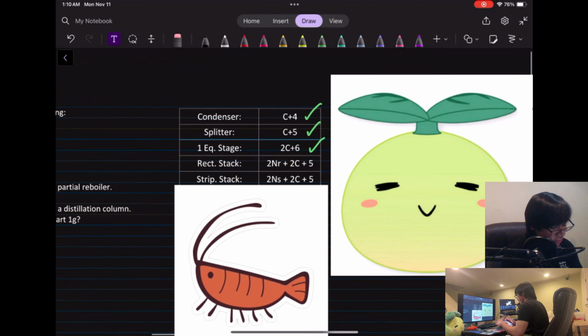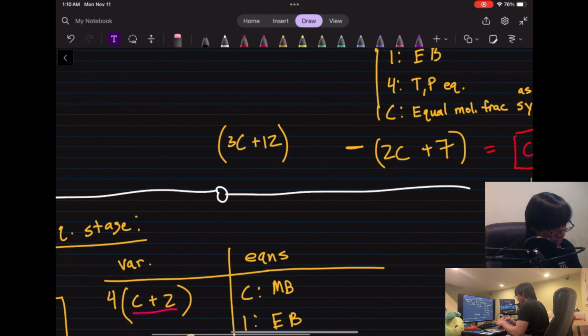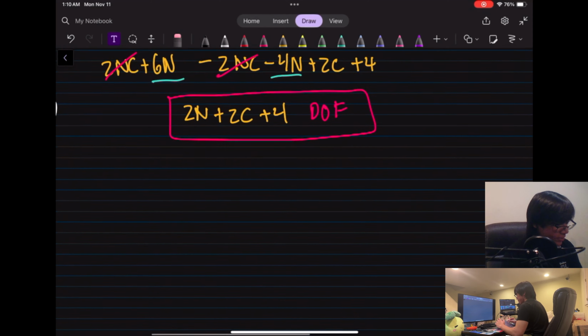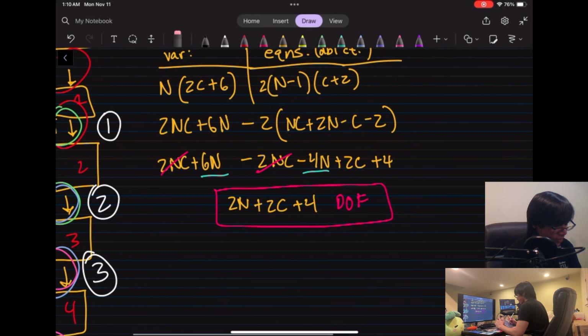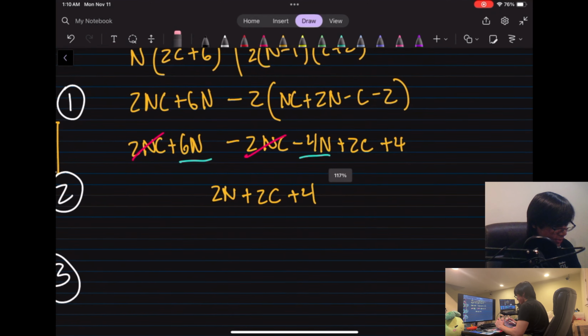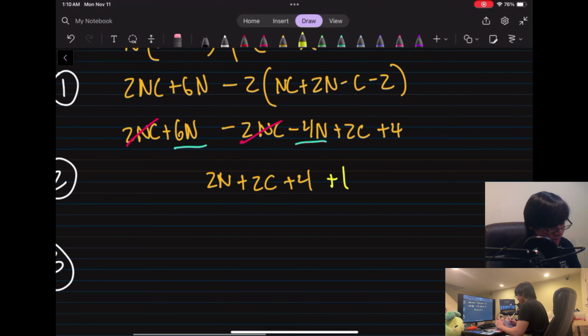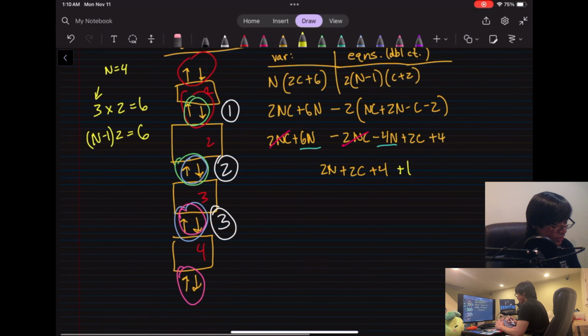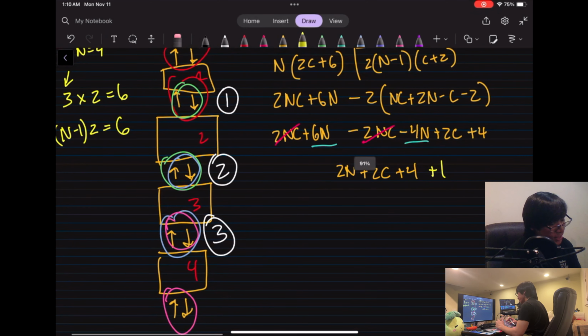Oh, I think I forgot to add, since I have plus 5, it's plus 4. Right, so I did forget. There's one thing that we are forgetting, and it is this plus 1. So this plus 1 comes from the degrees of freedom for specifying the number of stages we have. So we can choose a number of stages for degrees of freedom.